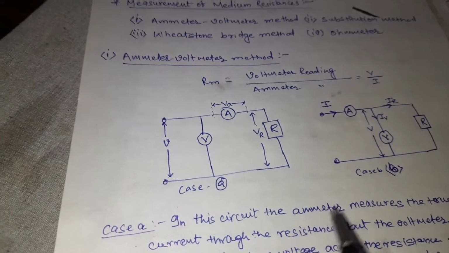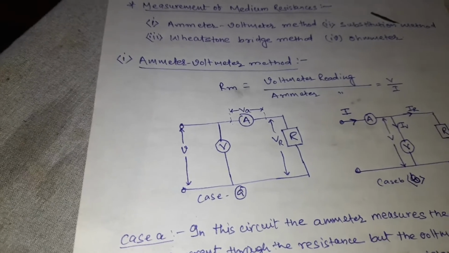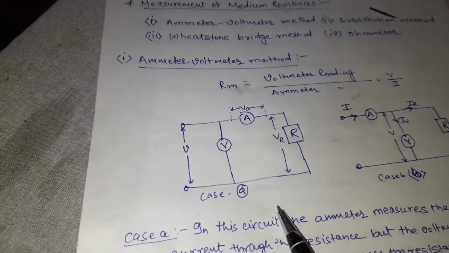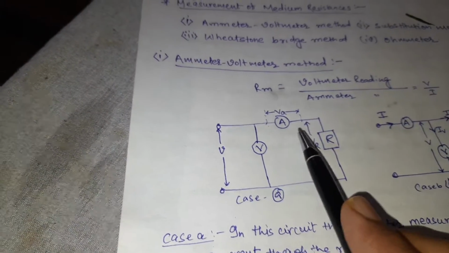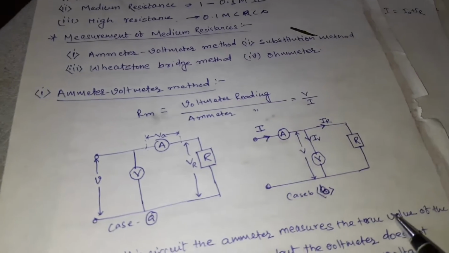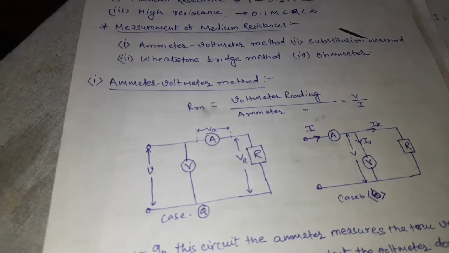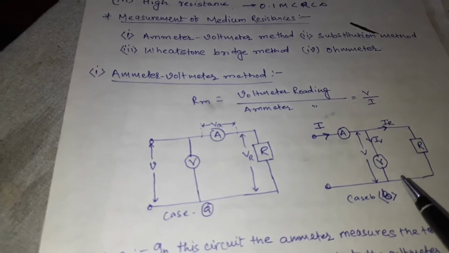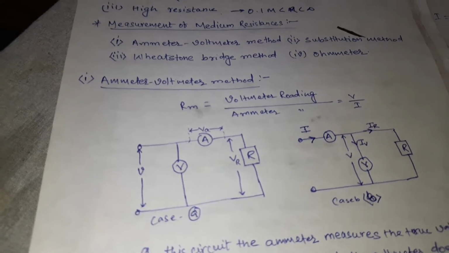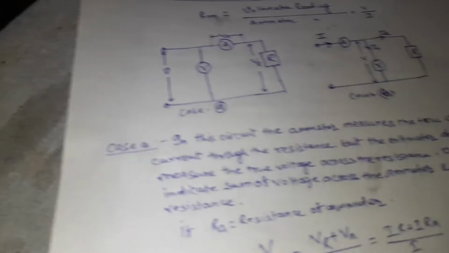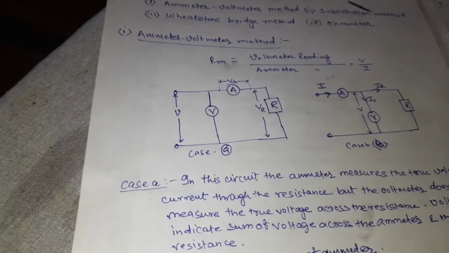In those two cases, there is some error due to the internal resistance of the voltmeter and ammeter. In case 1, we first connect the ammeter and then the voltmeter, so the voltmeter is connected directly across the load resistance.